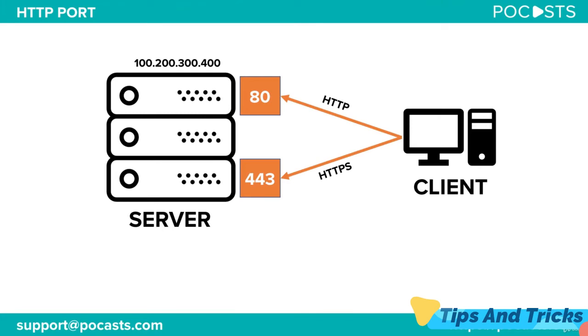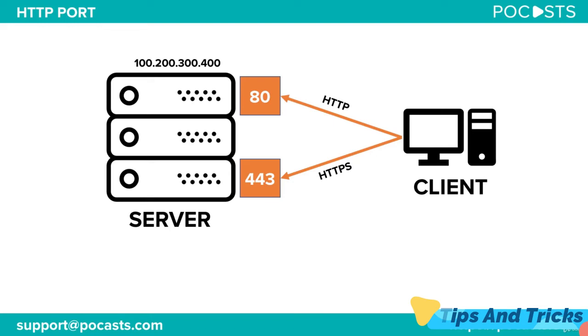Port, you can think of it like small holes in the computer, through which the server accepts and sends data. The server provides a number representation to each of these ports. If you are using an HTTP request or response, it will be port 80. If you are using an HTTPS based request and response, then it will be port 443.